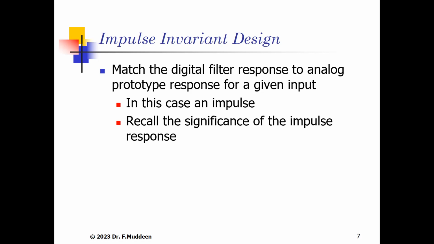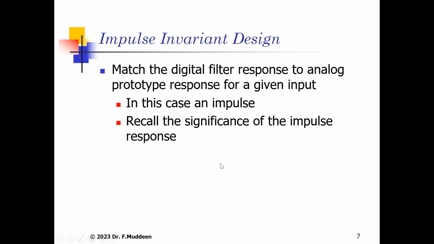So if I have the transfer function of an analog filter, I am going to match that transfer function in the digital domain. So it's a transfer function mapping. So the theory is that if the transfer functions map, then the frequency behavior should likewise map.